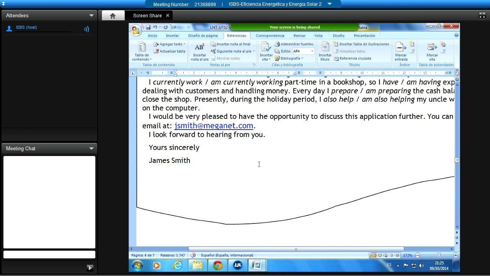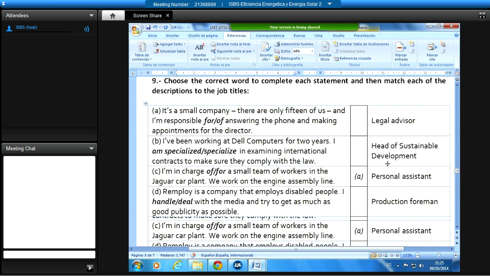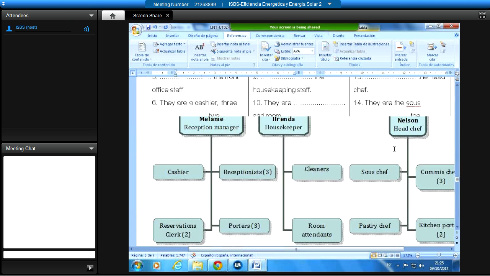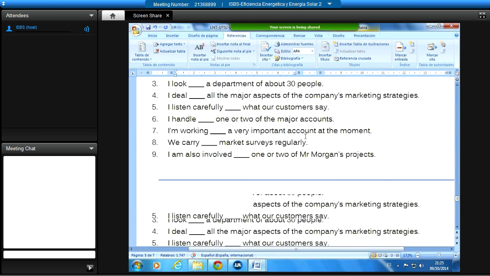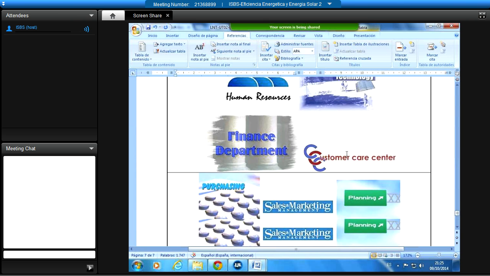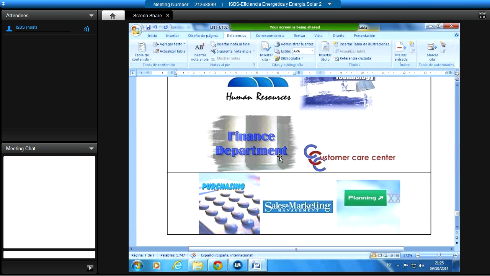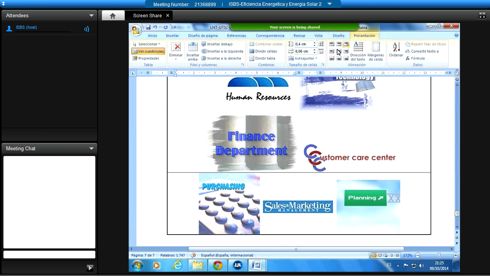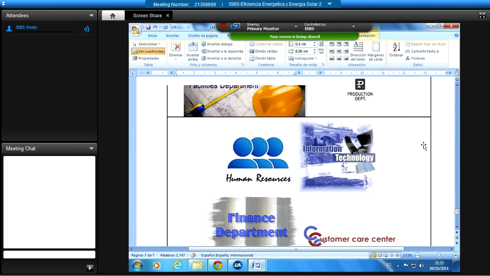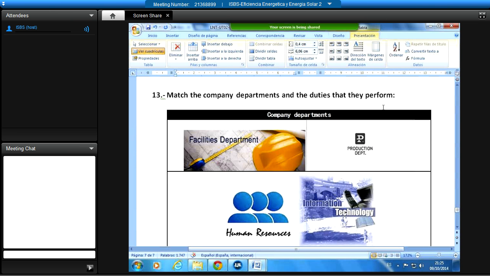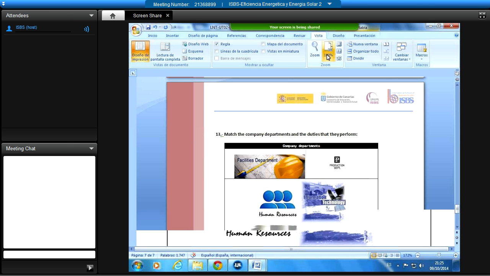So now let's do another one, another activity. This really you can do on your own. Let us do this one, the one in the last page of the document. Okay, this one. So match the company departments. So imagine this is a company.